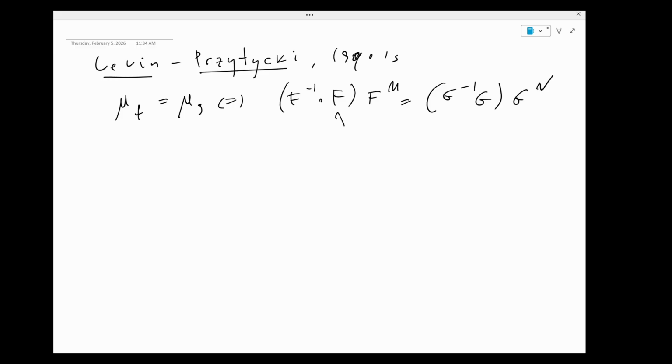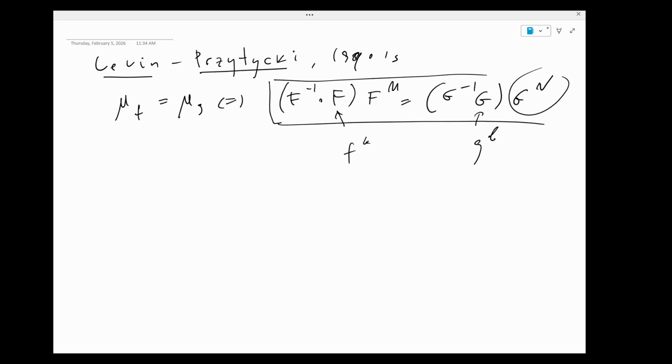So again, F and G are themselves iterates of little f and little g, and then maybe you have to take some other iterates of them as well. So they had this kind of equation.